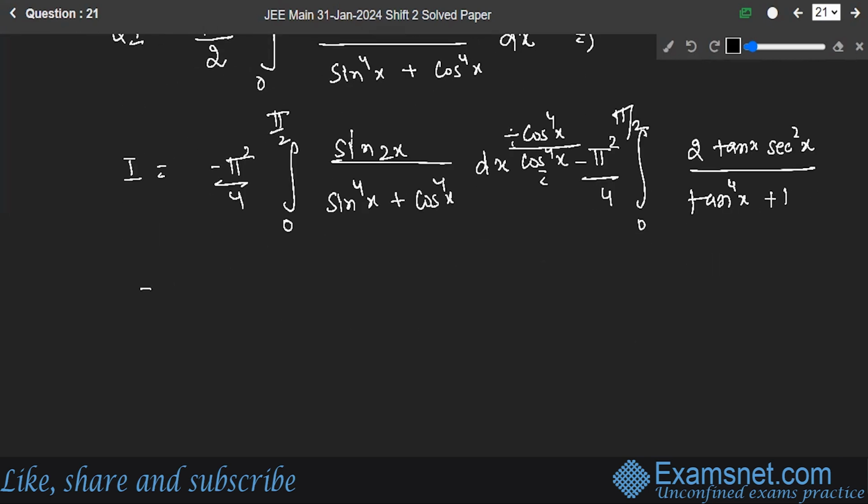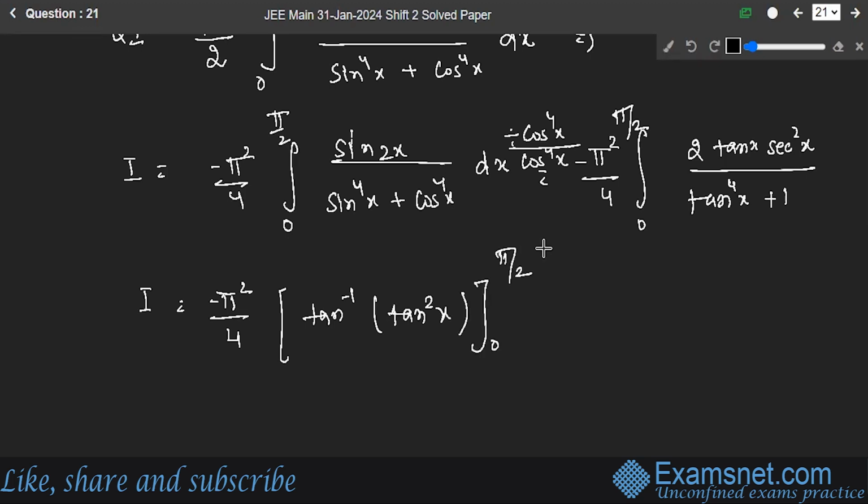That means I is equal to minus pi square by 4 times inverse tangent of tan square x, limit 0 to pi by 2.